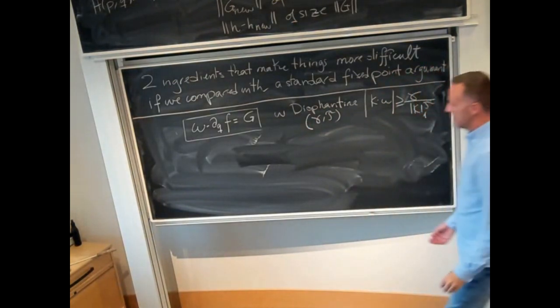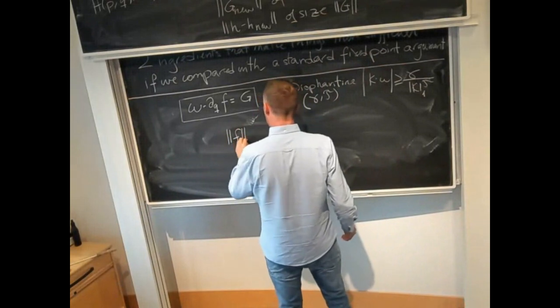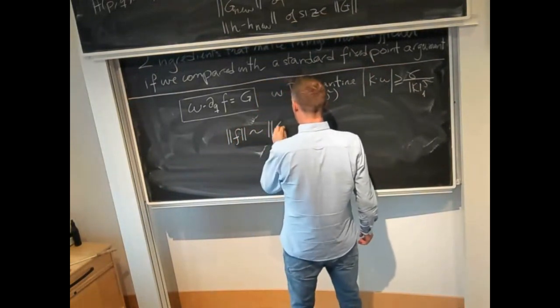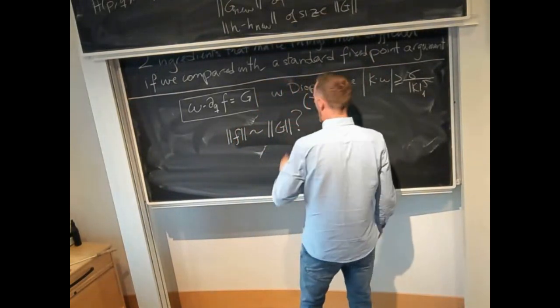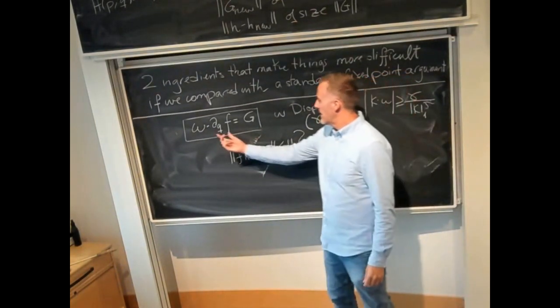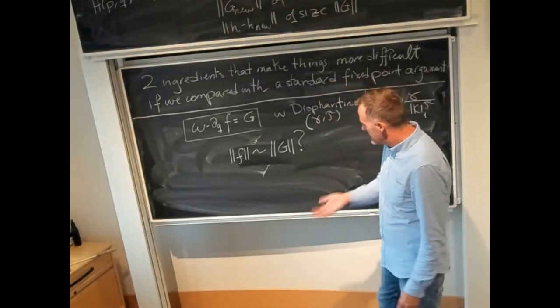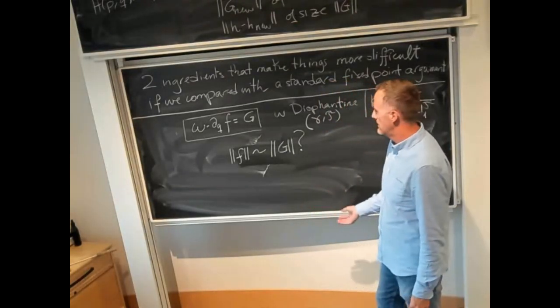Then what happens is that we wonder, what is the size of f with respect to the size of g? Or, is this linear operator invertible? And the answer is, it is not invertible.